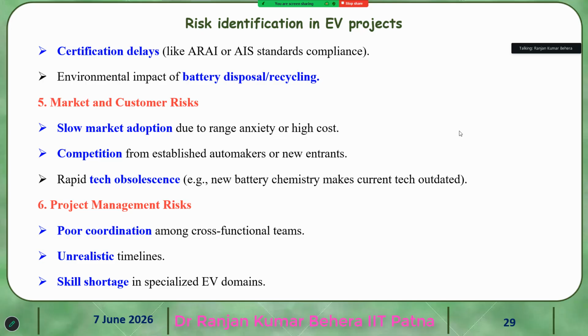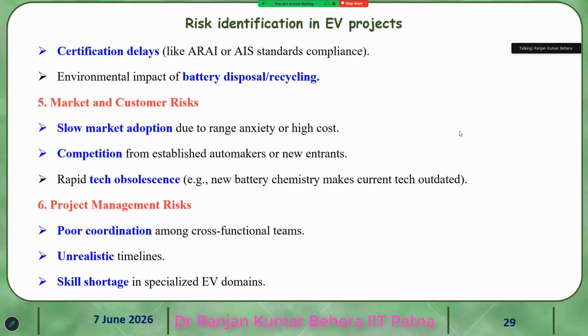It requires a lot of time, the certification, before you put the product into the market. Then the environmental impact, like battery disposal and recycling, is another problem, and this also comes under that.